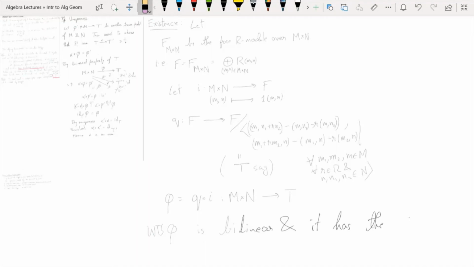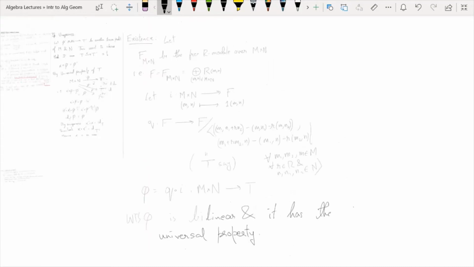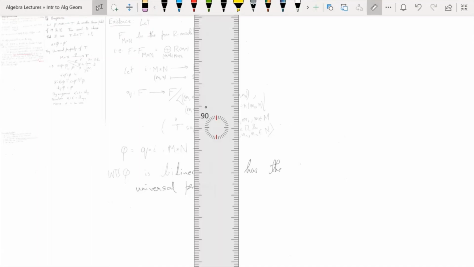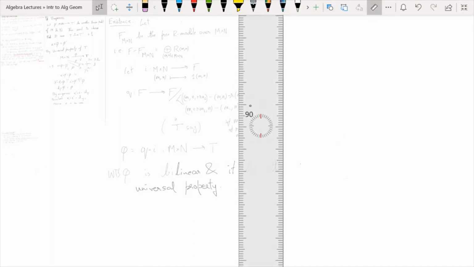The point that it is bilinear is more or less by construction, and the universal property is something we will just check. These are all routine, but one has to do it once. Not at all difficult.